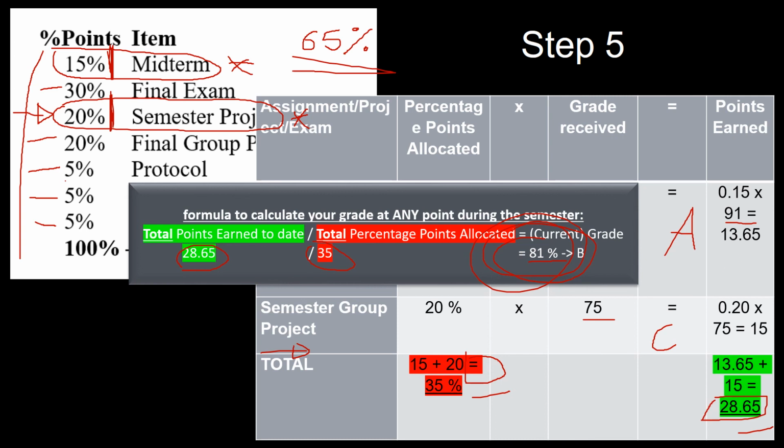so you always know where you're standing and you always can see whether or not you can still pull things around, because this is a great motivator to know that yes, maybe you did one of those assignments not to its fullest potential.